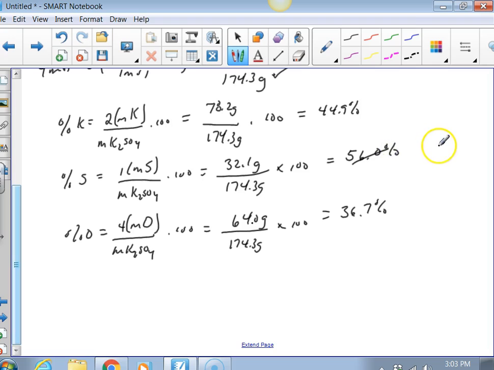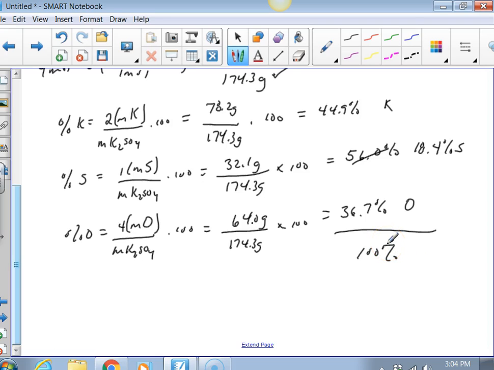This is actually 18.4% sulfur. This is potassium, and this is oxygen. So let's try these: 44.9 plus 18.4 plus 36.7 adds up to 100%.